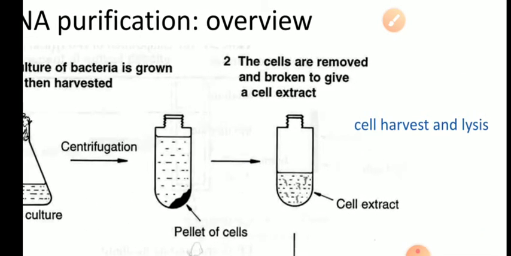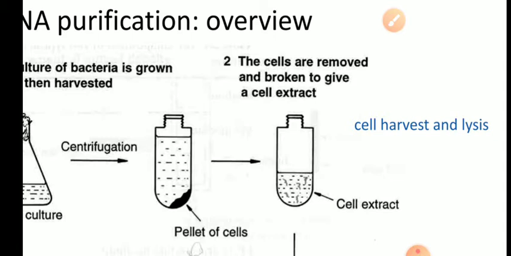Now, the supernatant liquid medium is removed, or decanted, and then the cells are broken. That means the cells are subjected to lysis, so that the cell wall and the cell membrane break, and what we get is called a cell extract. That means cytoplasmic contents are released, and inside the cytoplasm is present the DNA.